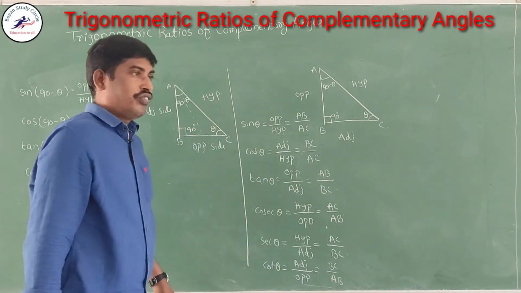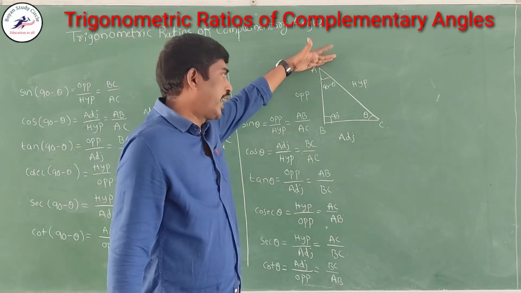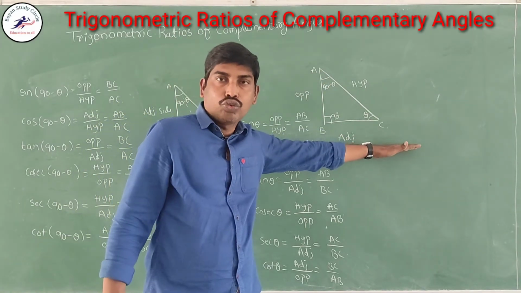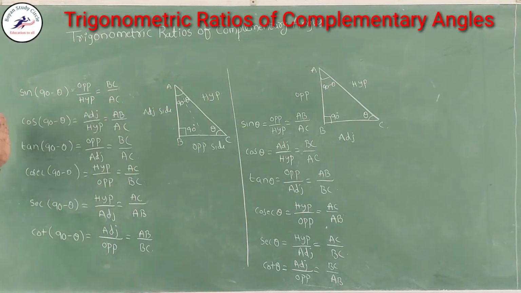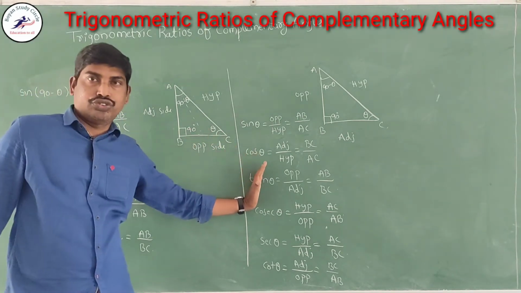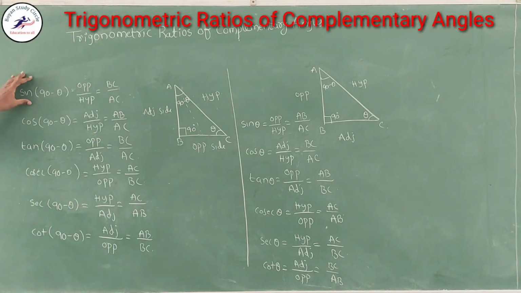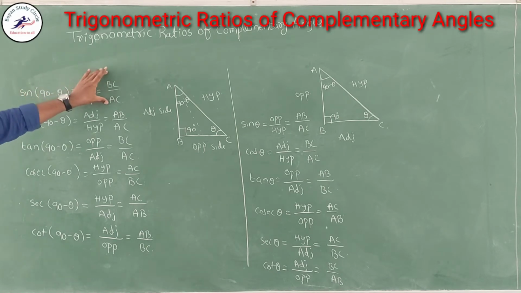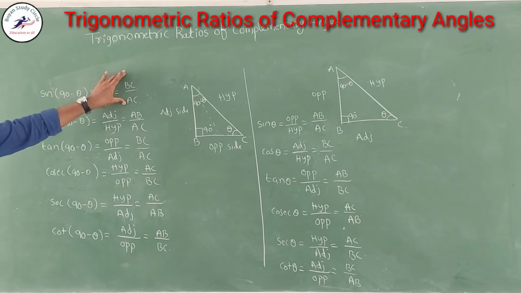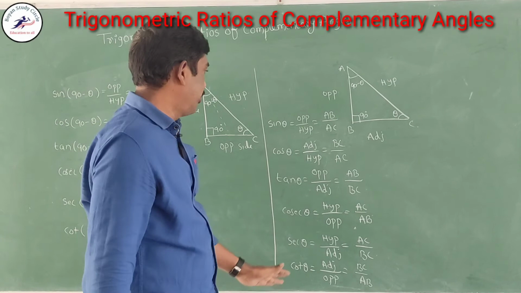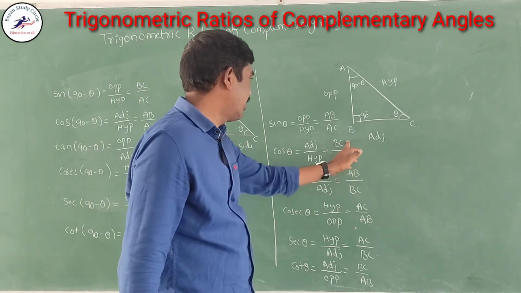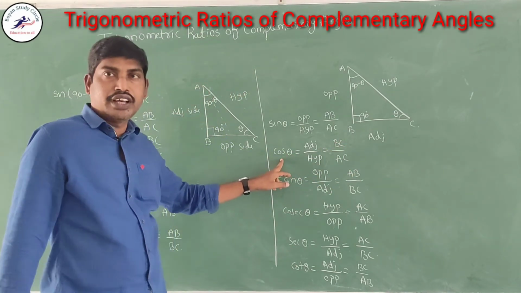Okay. We are going to find these for angle A and for angle C. So compare these ratios and these ratios. First one, sin of 90 minus theta is equal to BC by AC. Check in these ratios, where is BC by AC? Here, BC by AC is equal to cos theta.